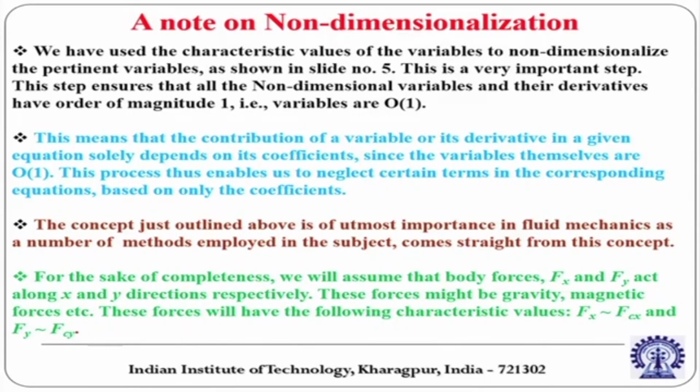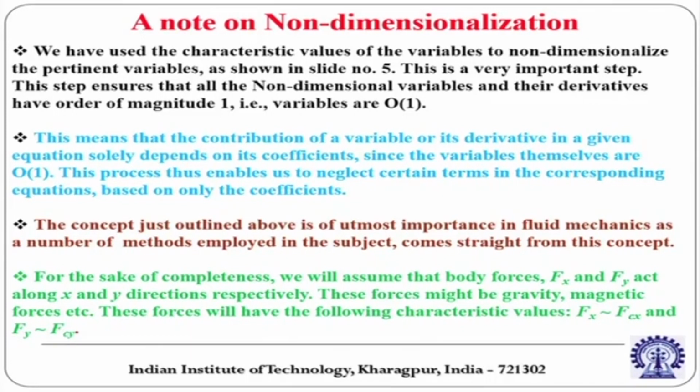Certain important notes for non-dimensionalization: we have used the characteristic values of the variables to non-dimensionalize the pertinent variables. This is a very important step. This ensures that all non-dimensional variables and their derivatives have order of magnitude of 1.